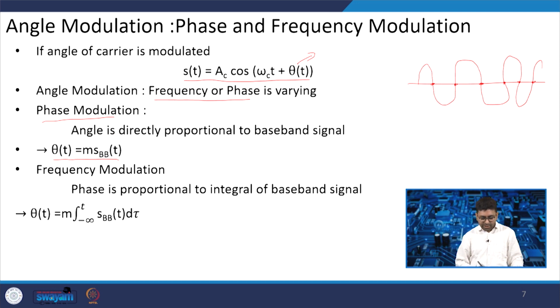Similarly, in frequency modulation, the phase is proportional to the integral of the baseband signal. So, your theta(t) is m times the integration of s_BB(tau) d tau. Phase modulation and frequency modulation are together called angle modulation, and sometimes this helps.